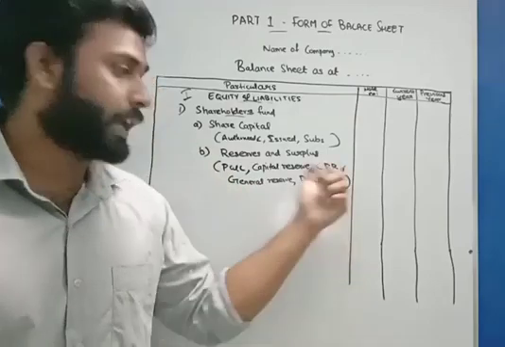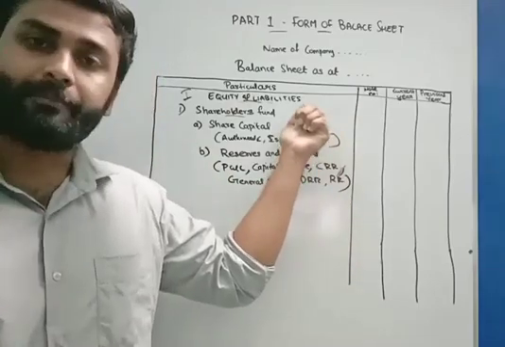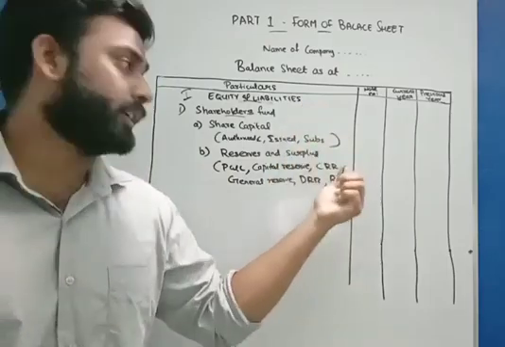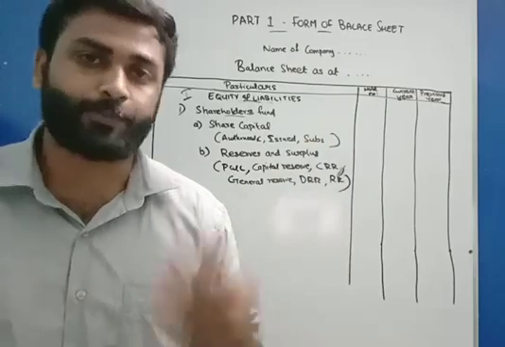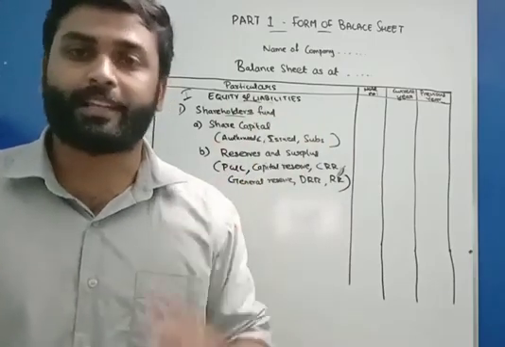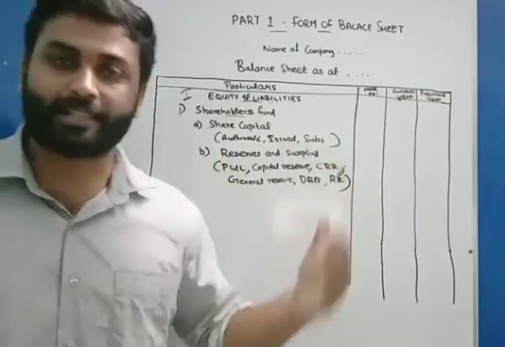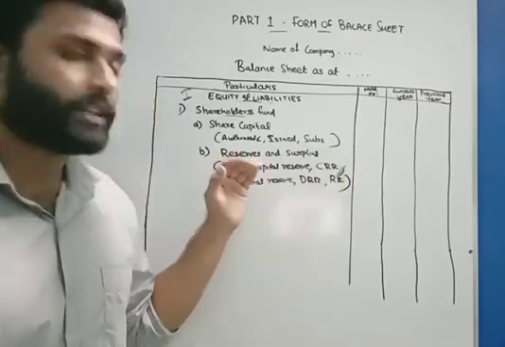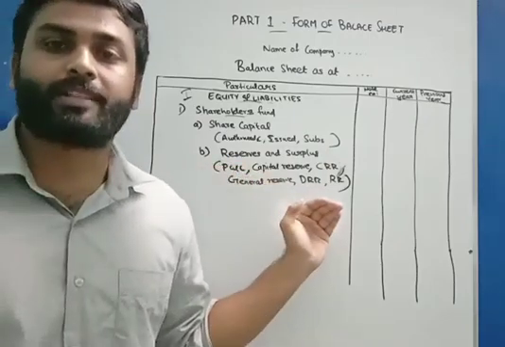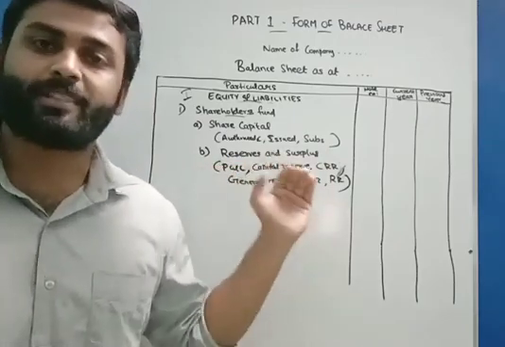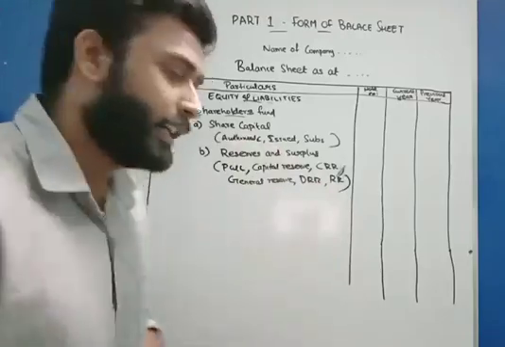This kind of question can be asked for 4 marks in your final exam, main heading as well as subheading. So in reserves and surplus, there will be all reserves of the company and all the surplus or losses of the company. Clear?